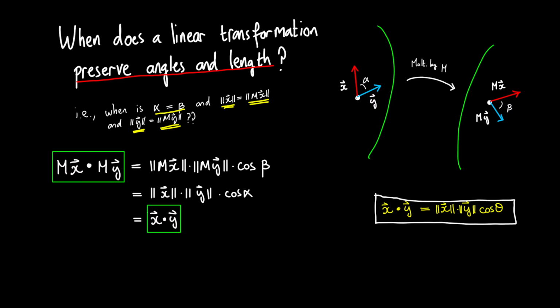In fact, this property that Mx dot My equals x dot y implies all of these properties here, here, and here. You can try and figure that out yourself, or you can ask me and I'll answer it. But just to investigate this question a bit further, let's phrase it precisely.